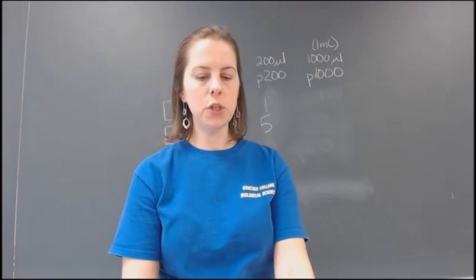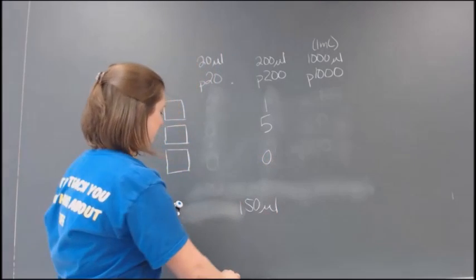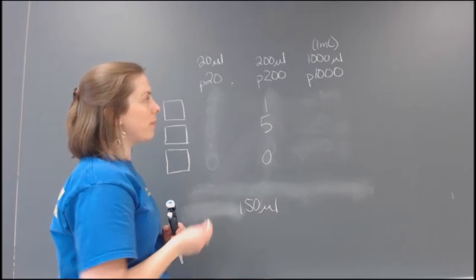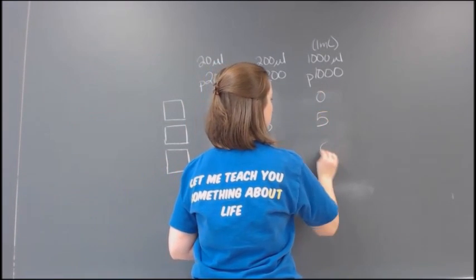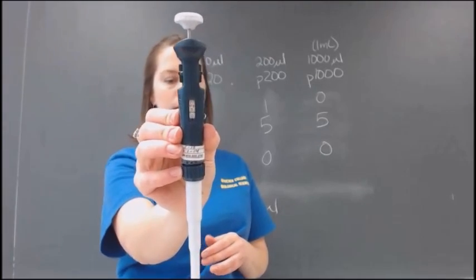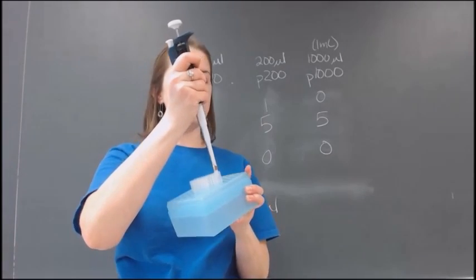Okay, so let's try this. Let's say we're going to do 500 microliters. To measure 500 microliters, we'll use the P1000, and the side of the pipetter should read 0, 5, 0. Just like that. Okay. The P1000 uses a larger pipette tip.